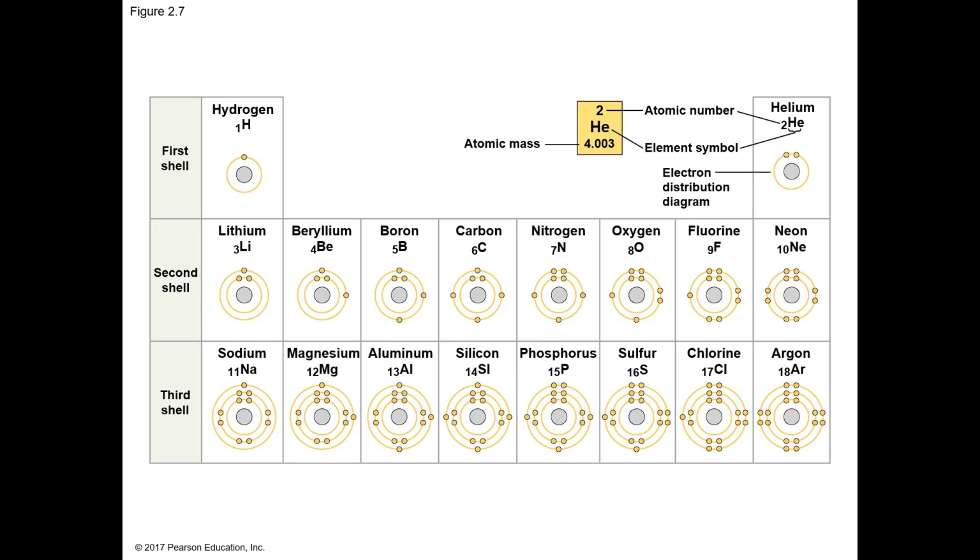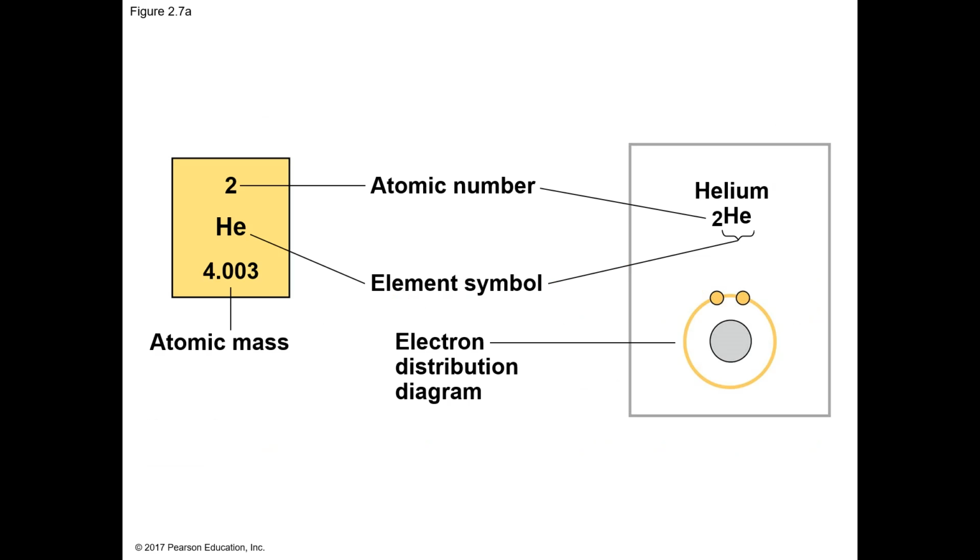And that makes it very stable and unreactive. Anything that has less than 2 in the innermost or 8 in the outermost is going to be reactive. Anything that has those full orbitals or full rings will be unreactive. And we call that last column with those unreactive elements, because they have full orbitals, the noble gases.